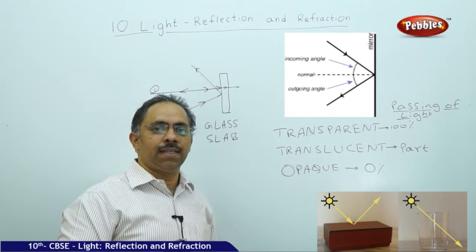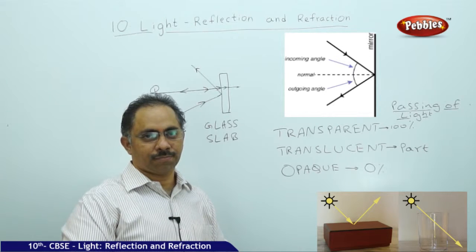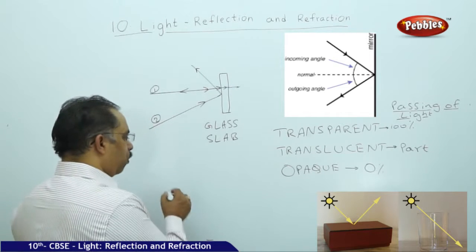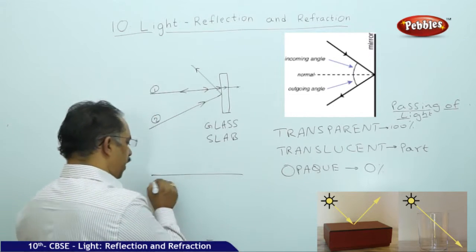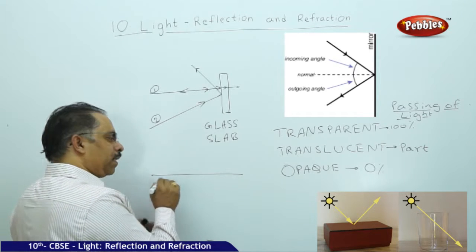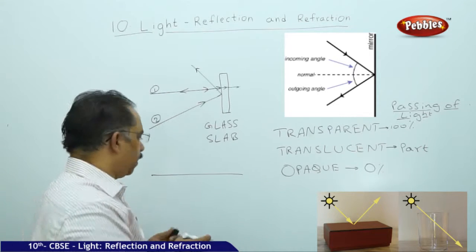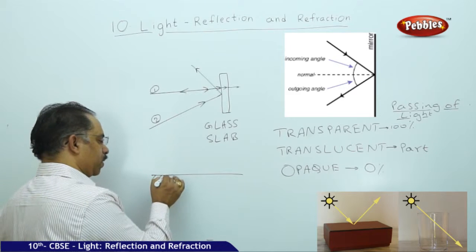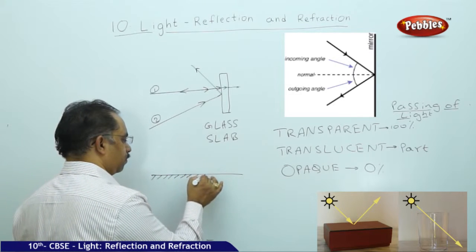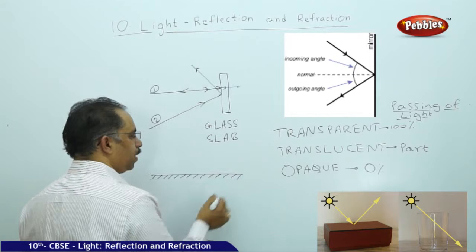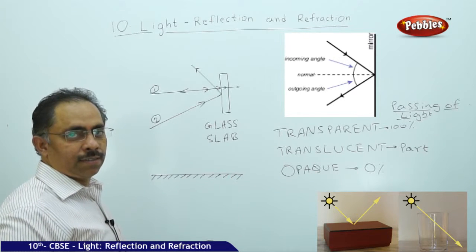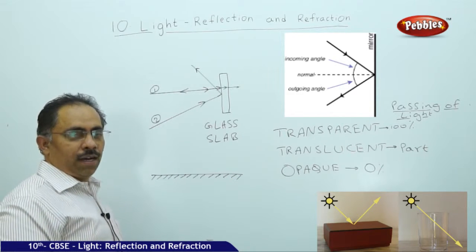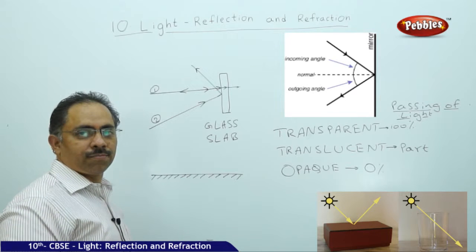Now let us consider an opaque object, like a sheet. It is not a glass sheet, for example a metallic sheet, a rough metallic sheet or a wooden board, whatever it is.